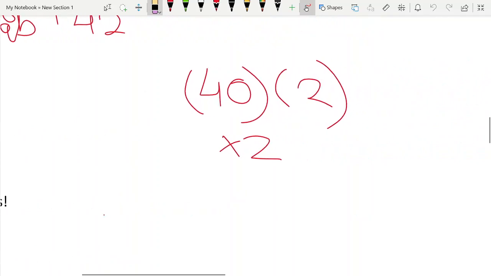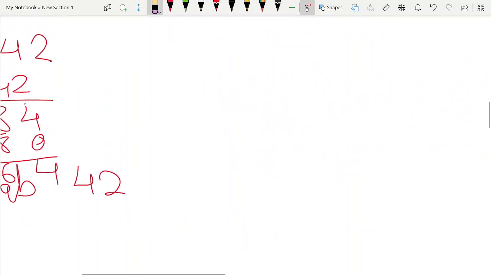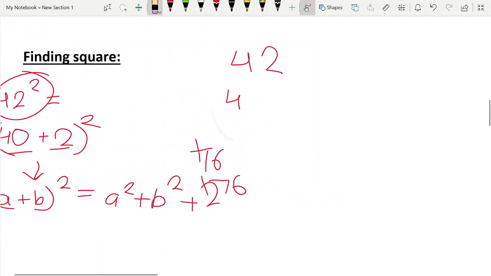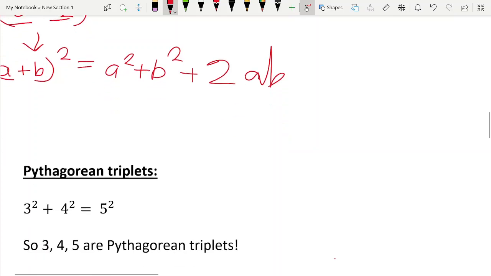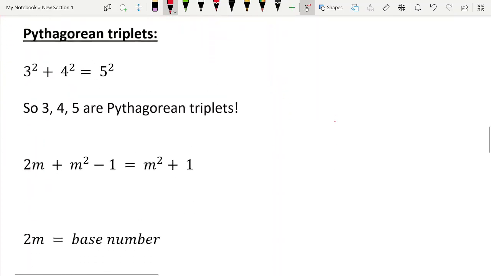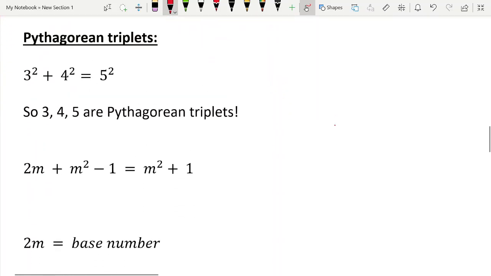Okay? Let's rub that out as well, and I'll just write 2ab. Perfect. Now, Pythagorean triplets. If you have the Pythagoras theorem, meaning a square plus b square is equal to c square, how can we imagine that?